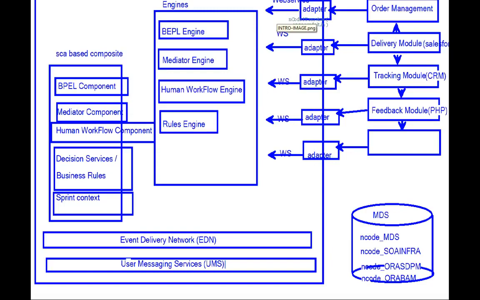That's one part, reusability. The flexibility, or business way of defining something, is provided by what is called a composite. A composite is like an application: what a Java application is for WebLogic, a composite is for SOA.